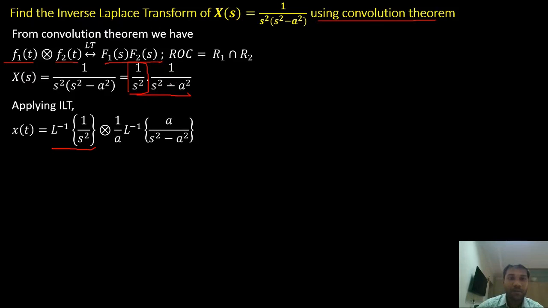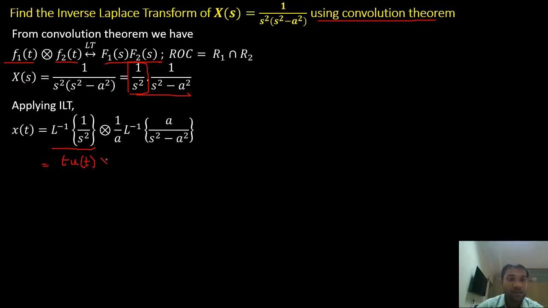Right? So Laplace inverse of 1 by s square minus a square. Now here I am multiplying it with a and dividing it with a. A is a constant, right? I can do that. Now Laplace inverse of 1 by s square is nothing but t into u of t, ramp function, right?